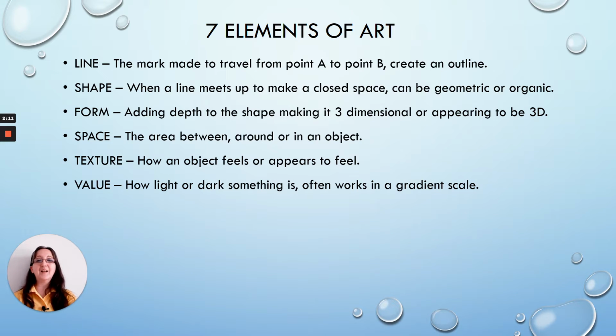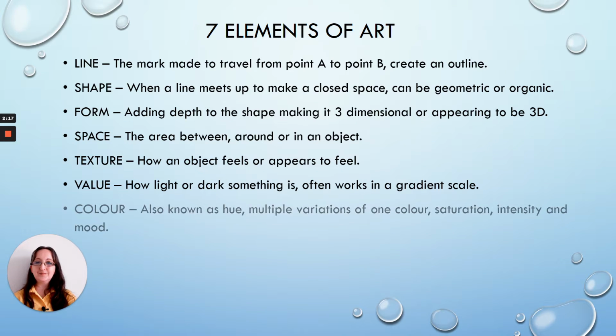Value, how light or dark something is, and often works on a gradient scale. And colour, also known as hue. There are multiple variations of one colour. We look at saturation, intensity, and how colour can affect or change the mood of a piece of art.